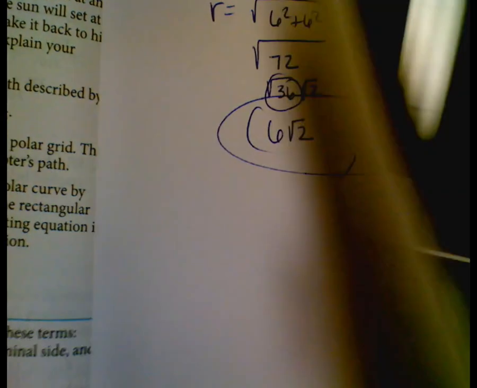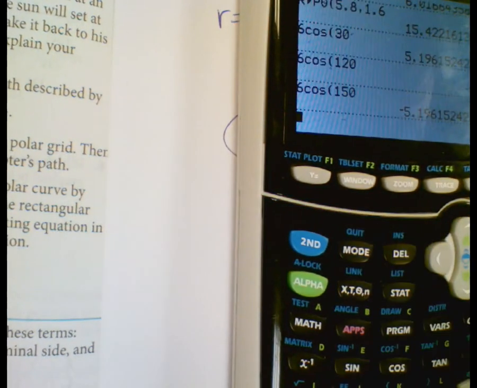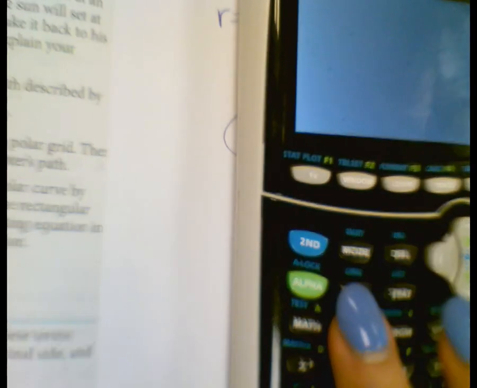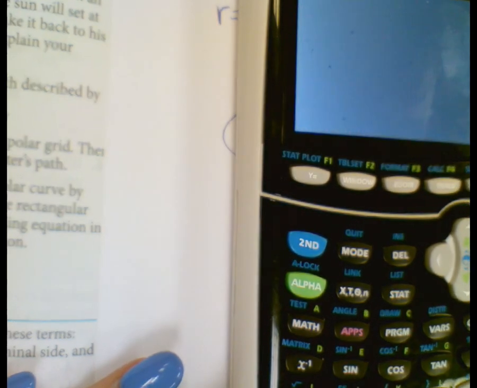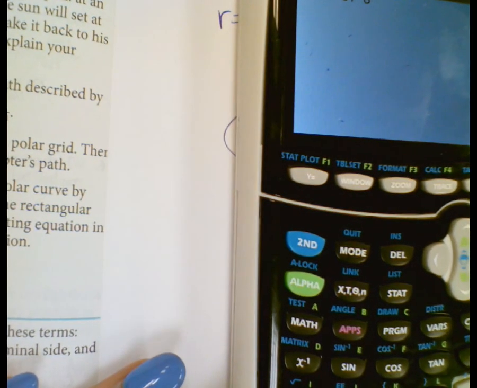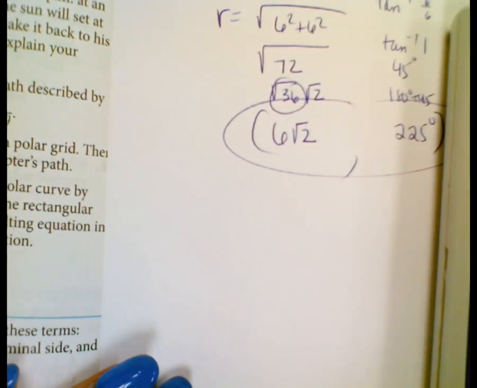On the calculator, let's see what it looks like. So you'd go second apps, or second angle. You'd go 5, and then do -6, comma, -6. And that's what 8.49 is.